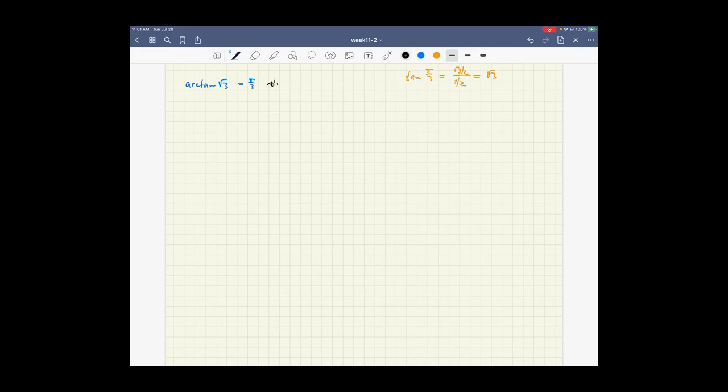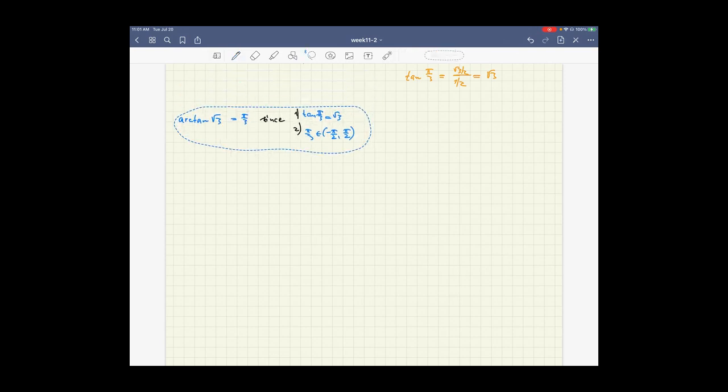And again, we're checking that tangent of pi/3 is √3, and pi/3 belongs to the interval -pi/2, pi/2. And also arctan of -√3 equals -pi/3.